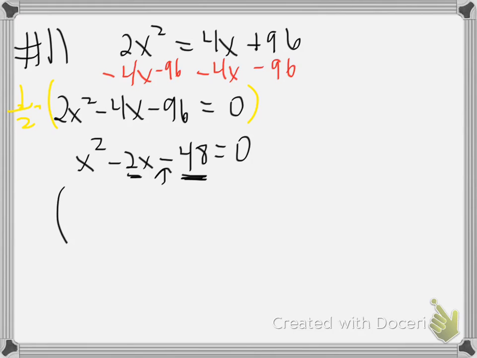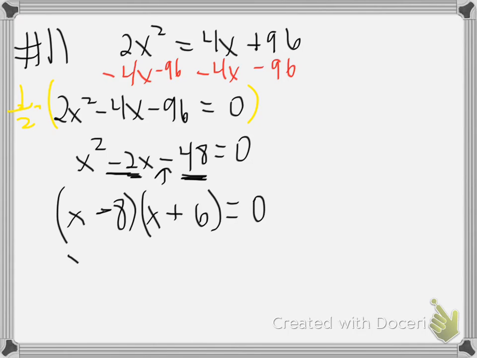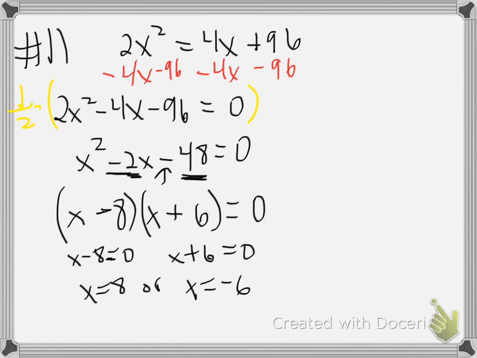Well, it turns out it looks like 8 and 6 are the lucky factors. And so I get x, and I need more negatives, because it's a negative 2. So then I set x minus 8 equal to 0, x plus 6 equal to 0, and I can get an x as negative 6, or I can get an x equals 8. Okay, as simple as that.